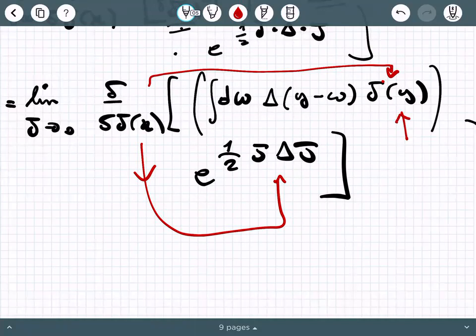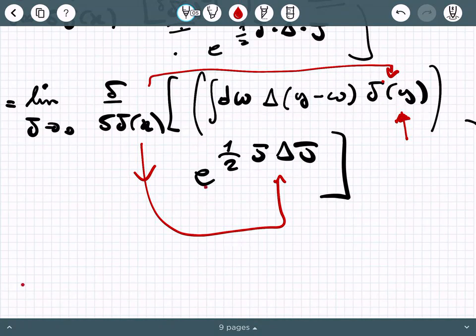And what happens when j goes to 0? This will go to 0. The only way to avoid getting a 0 is when the number of derivatives that are here matches exactly the j's in the prefactor, right?